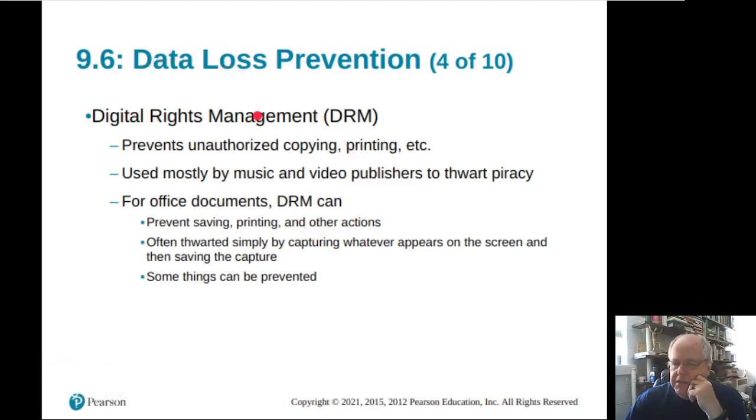But the idea was, I don't copy things that don't have the digital rights management codes in them, which I can only get by purchasing something. They're trying to use it for music and video, but I haven't seen it being enforced. College campuses are notorious for hacking, and people don't feel bad about just making copies of things. Well, this is one big way they tried to prevent that. I'm not sure how well it has worked.